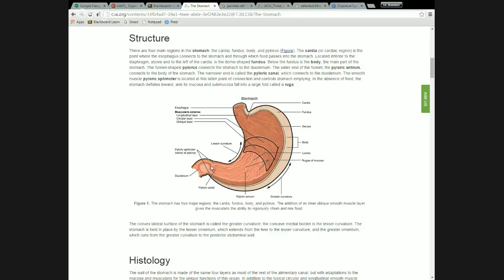And that happens. Each time there's a wave of contraction pushing food towards the pylorus, the valve will open a little bit and the contents of the stomach will come out. But the majority of the contents of the stomach will churn back the other way. Now, you don't want everything in the stomach to just be pushed on into the duodenum at once, because that's going to overfill the small intestine.